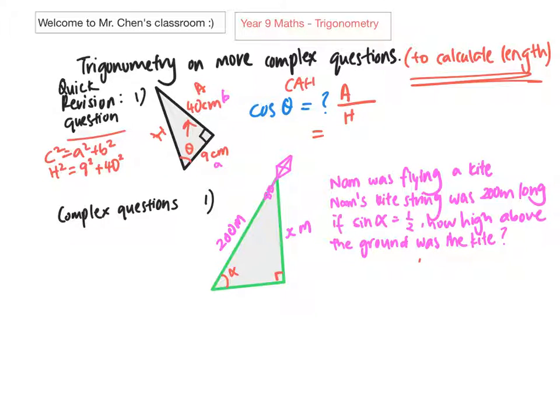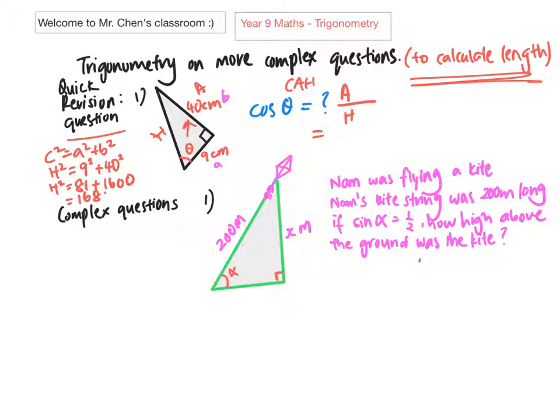So hypotenuse squared will continue. Hypotenuse squared is equal to 9 squared, which is 81, and 40 squared, which is 1600. If you use a calculator, you will find that out. So your hypotenuse squared will be 1681.